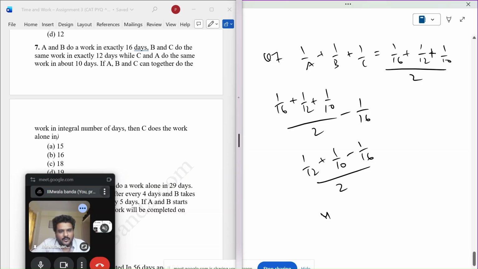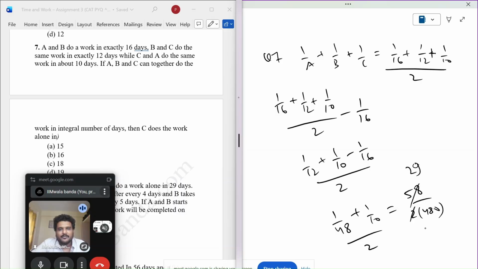16, this is 4. 4 by 12 into 16. So 4 and 4. 12 into 4 is 48 plus 1 by 10, by 2, so 58 by 480. 2s are 4, 9. So 29 by 480, and this is 1 by C basically. So C is 480 by 29. Let's see.